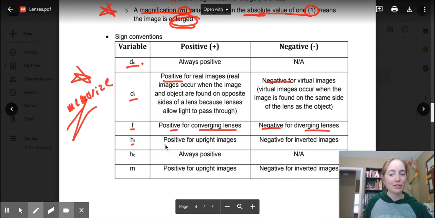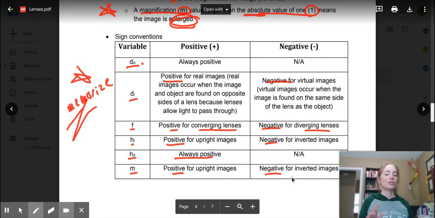The height of the image is positive for upright, negative for inverted. Height of the object, always positive. And m, positive for upright, negative for inverted. Okay, so it's a lot of stuff. Memorize it if we have diplomas, which we don't, or print this page off and staple it to your data booklet so you always have it.